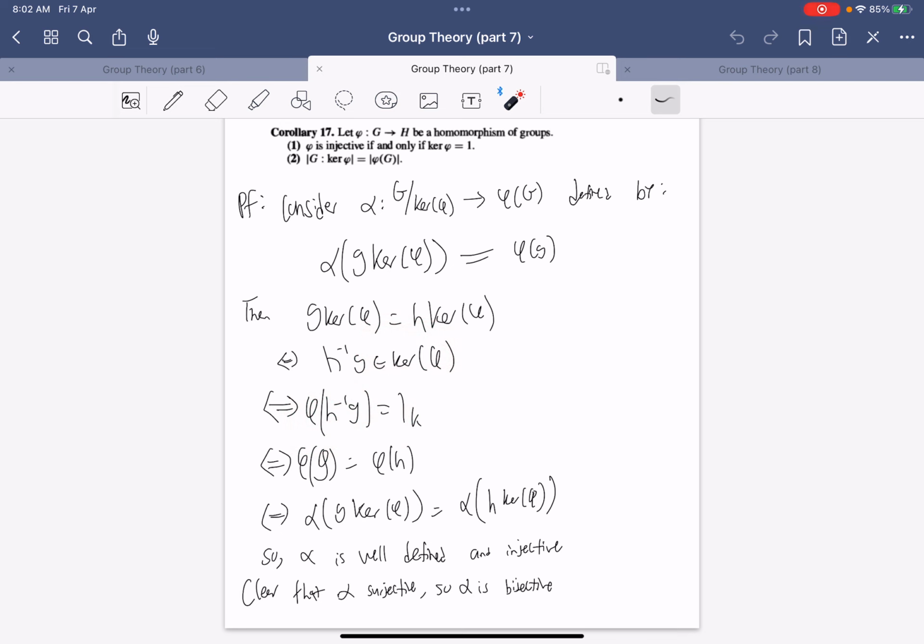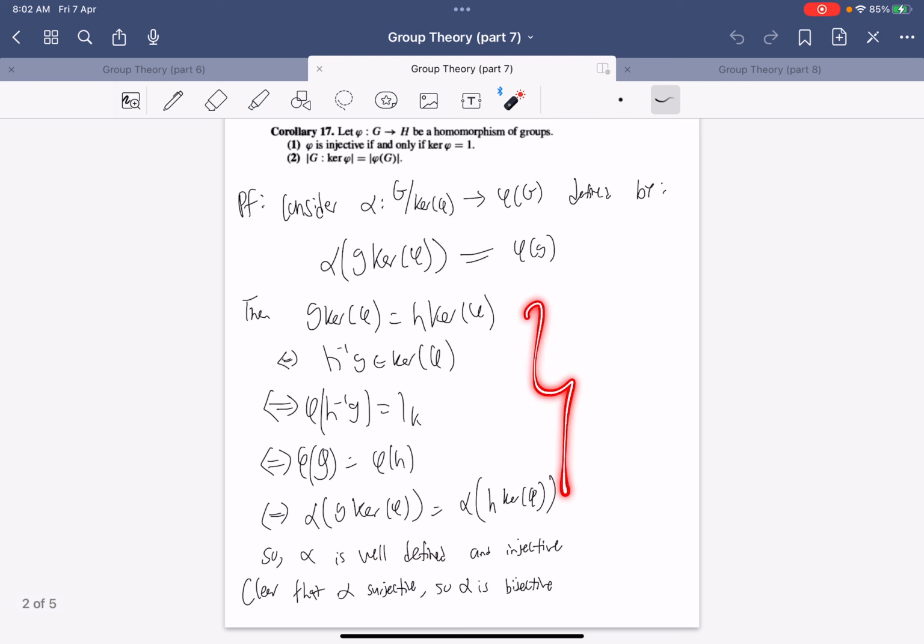And so, because it's a homomorphism, this means that phi of g equals phi of h. And what is phi of g? It is defined as alpha of g kernel phi, which equals alpha of h kernel phi. And so this proves that if two particular elements are equivalent, then their images will be equivalent. And so alpha is well defined.